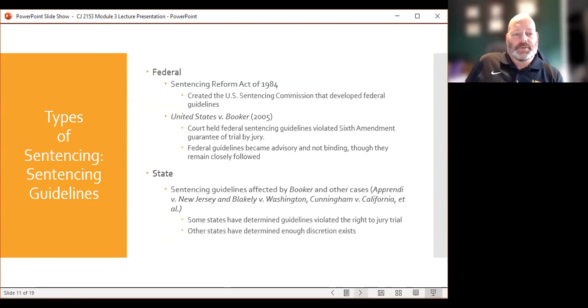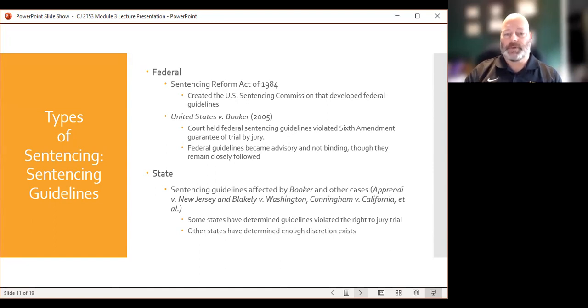Another type of sentencing, we talked about sentencing guidelines. Under the federal system, the Sentencing Reform Act of 1984 created, again, the U.S. Sentencing Commission that developed those federal guidelines. But in 2005, in United States versus Booker, the court held that federal sentencing guidelines violated a defendant's Sixth Amendment guarantee of a trial by jury.